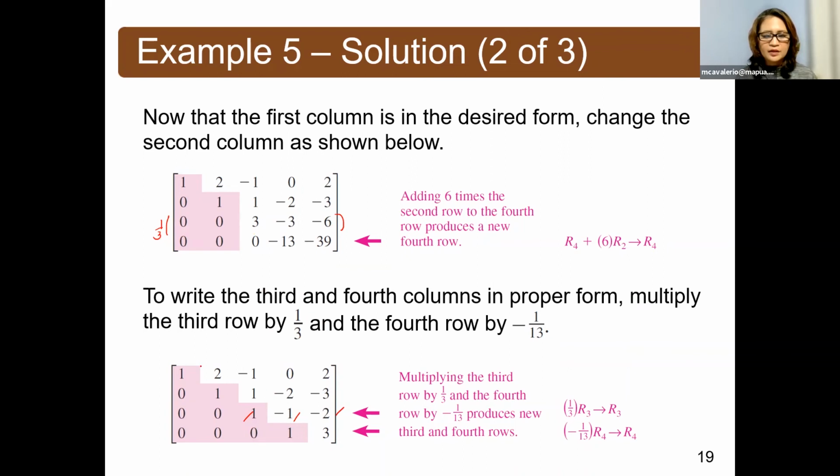See here that we have the first leading one at the topmost left corner. And then below that one are all zeros. And then we will have the next leading one as this, which is the coefficient of the next variable. And below that one are all zeros. And then we find the third leading one here.